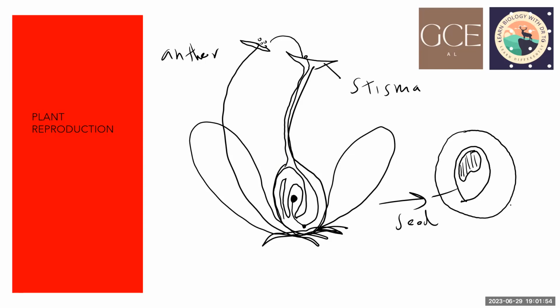And we know a new plant can be produced from the seed. If the seed goes to another place, then the seed can make a new plant. This is how basic biology explains how plants reproduce to make a new plant in sexual reproduction.